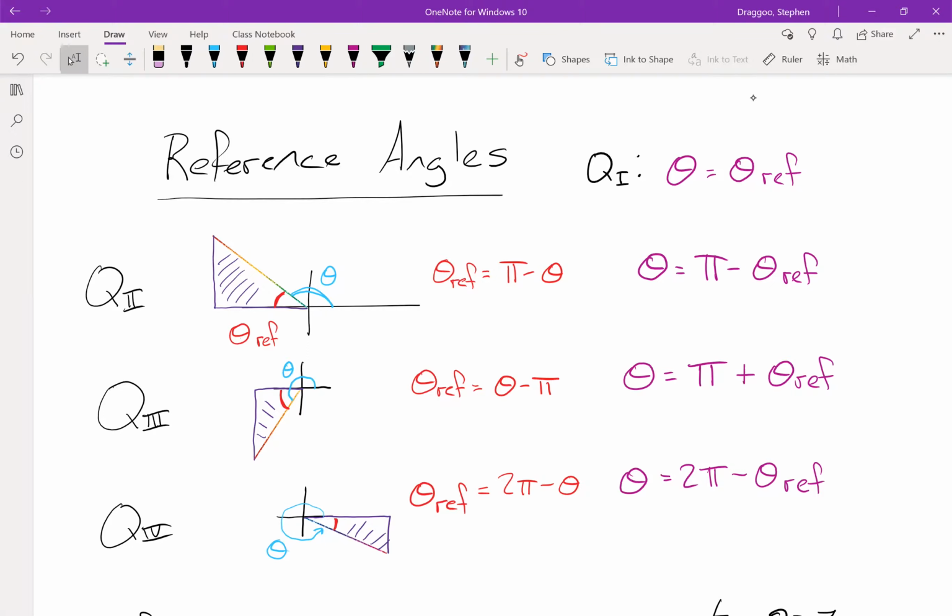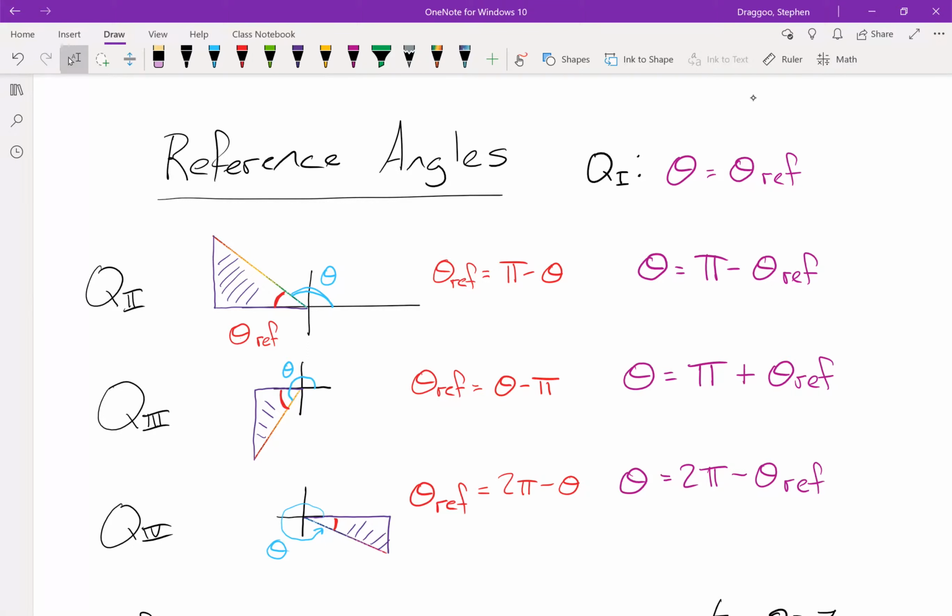So I ended up with those 3 equations in red, and I'm going to solve each of those equations for the ones that show up in magenta there to the right of them. If I knew my reference angle and had to get back to my angle in a specific quadrant, I could work with any of those 3 equations depending on which quadrant I'm in.